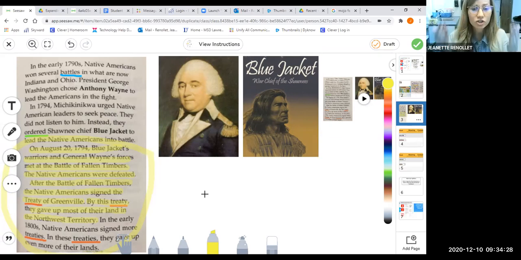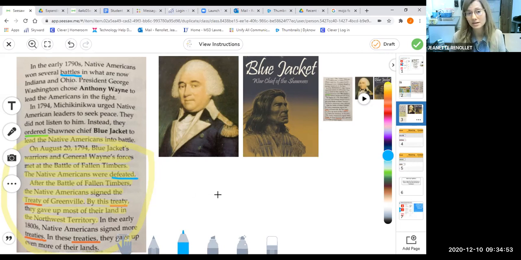So what Ashley just shared, what I see in the text is that when the settlers moved west, boys and girls, they met the Native Americans and they had battles. And our text tells us that the settlers and colonists started winning the battles. That means the Native Americans were defeated.